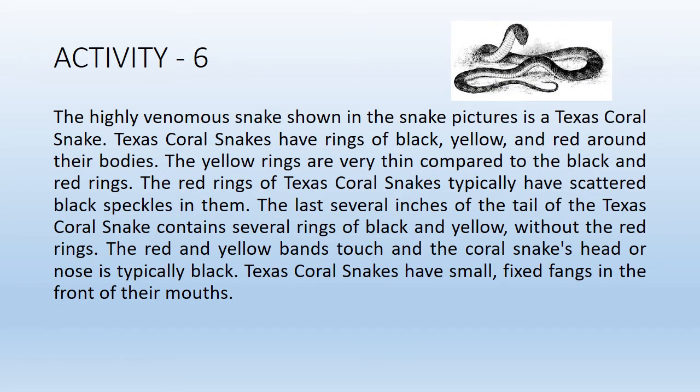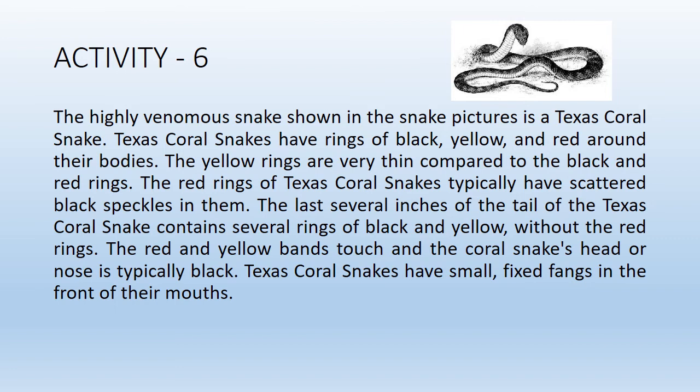Activity 6. The highly venomous snake shown in the snake pictures is a Texas coral snake. Texas coral snakes have rings of black, yellow, and red around their bodies. The yellow rings are very thin compared to the black and red rings. The red rings of Texas coral snakes typically have scattered black speckles in them.